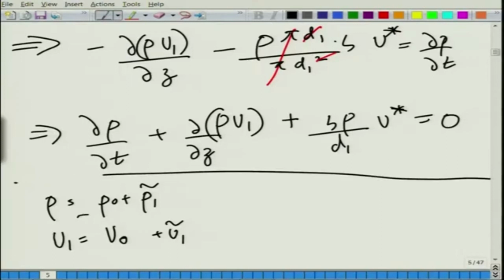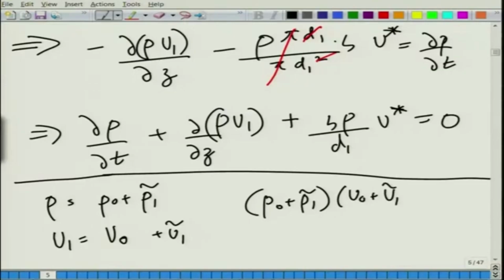So, let us do that. We get this. Basically, when you do that, del del t of rho naught, this will be 0 because this does not change. So, we will just have rho 1 here, and again if we use our old techniques, rho 1 tilde and u naught plus u 1 tilde, and let us go back to our week 1 lectures where we talked about the principles of linearization, the different arguments that we put forth to linearize things.